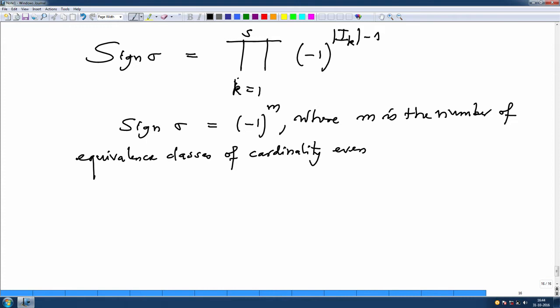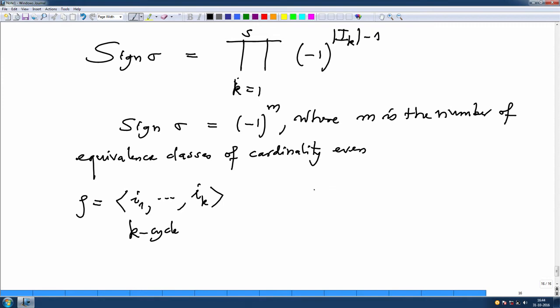Now, let us compute for rho, if rho was a k cycle I1 to Ik. Then what will be the partition corresponding to rho? There is only one equivalence class which is the whole thing, and the remaining guys are singletons because they are fixed.